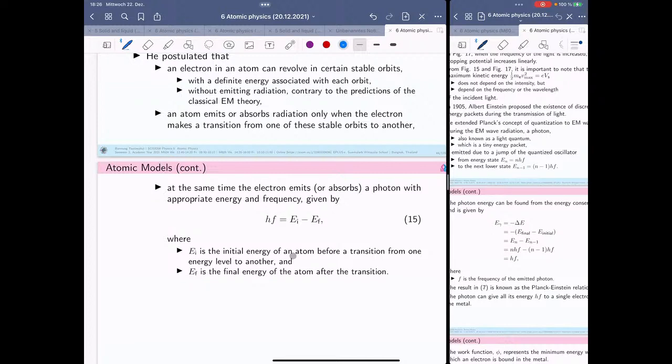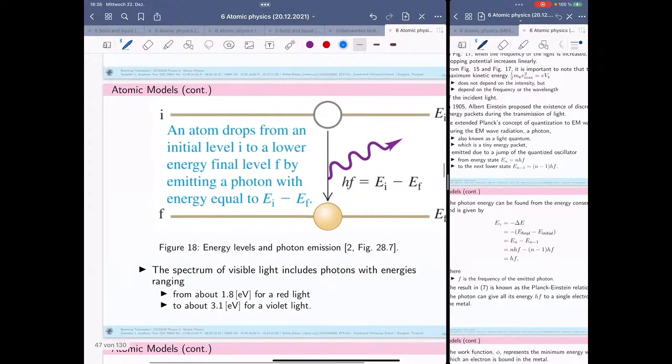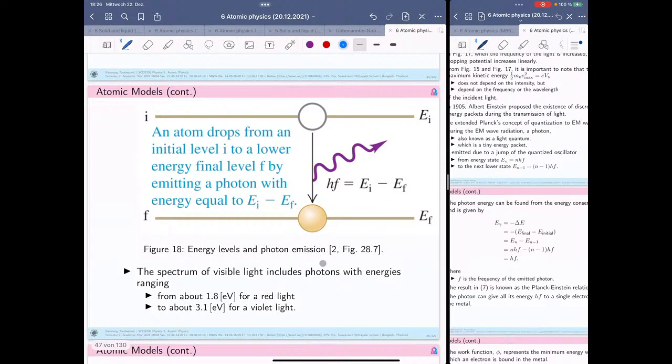The initial state of the energy of an atom before it moves to another energy level. And right now we arrive at figure 18. We have the initial energy state, and we have the final energy state. Okay, we have Ei and Ef, right?